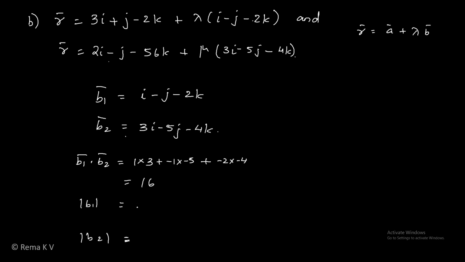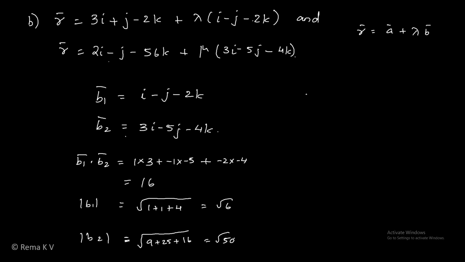Now find out modulus of b1. Modulus of b1 is root of 1 square plus 1 square plus 2 square, which is equal to root 6, and modulus of b2 is root of 3 square, 9 plus 25 plus 16, which is equal to root of 50.